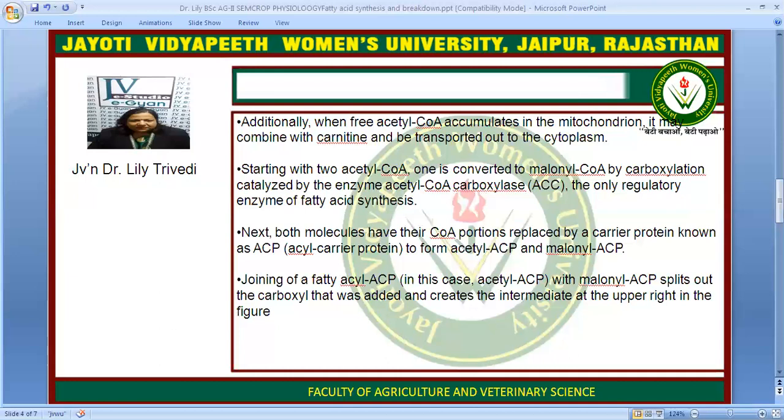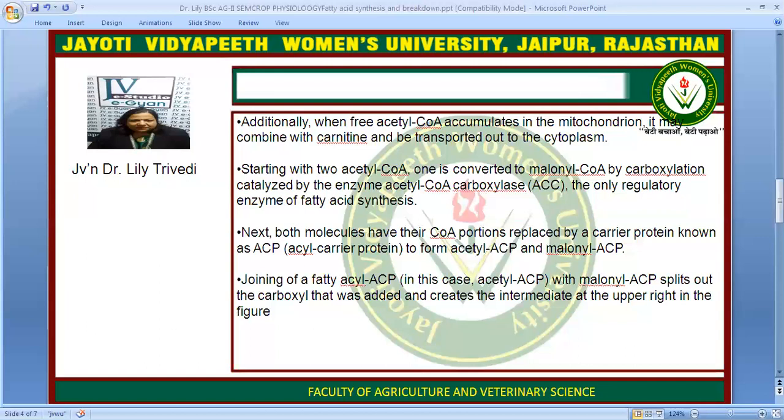Next, the coenzyme A portions of both molecules are replaced by a carrier protein known as acyl carrier protein, and it forms acetyl acyl carrier protein and malonyl acyl carrier protein. So these two are formed.